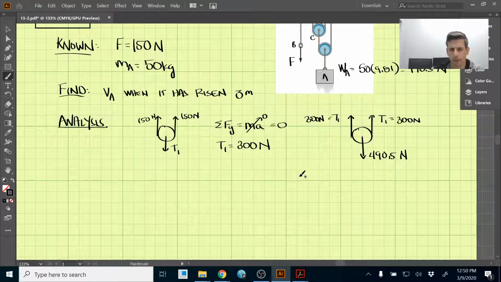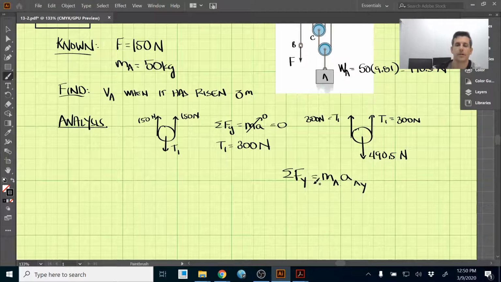So if we sum the forces in the y direction, that should be equal to the mass of A times the acceleration of A in the y direction. Okay, so the sum of the forces in the y is positive.